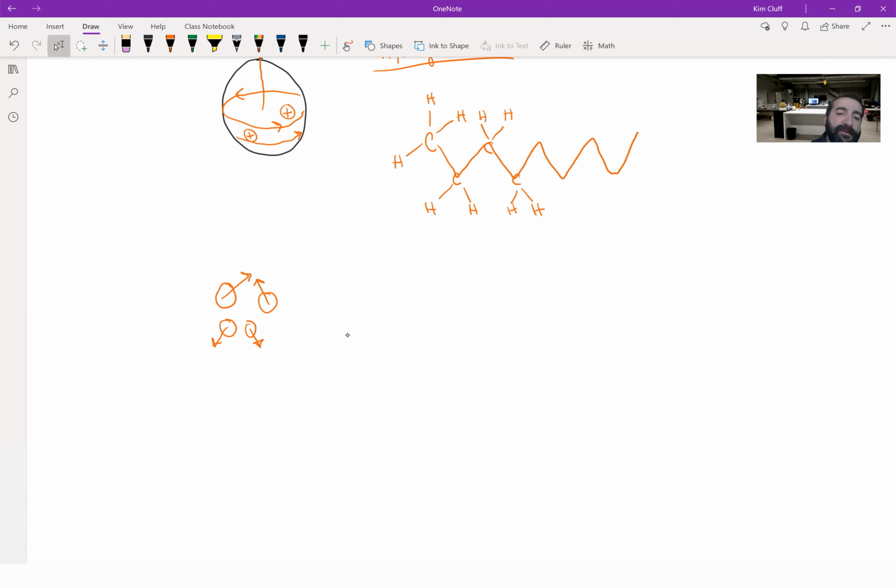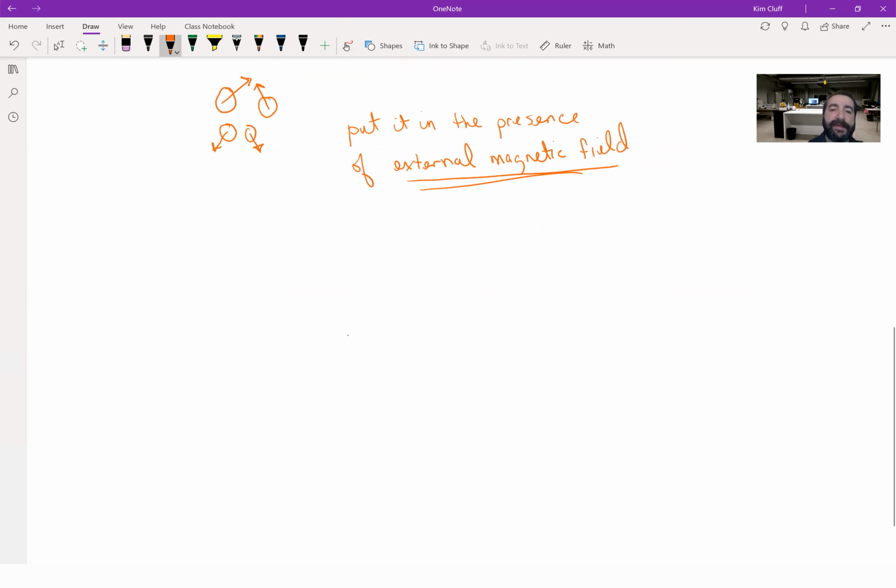So if we put this in the presence of an external magnetic field, a powerful external magnetic field that I'll call B, and I'll just draw it like this.